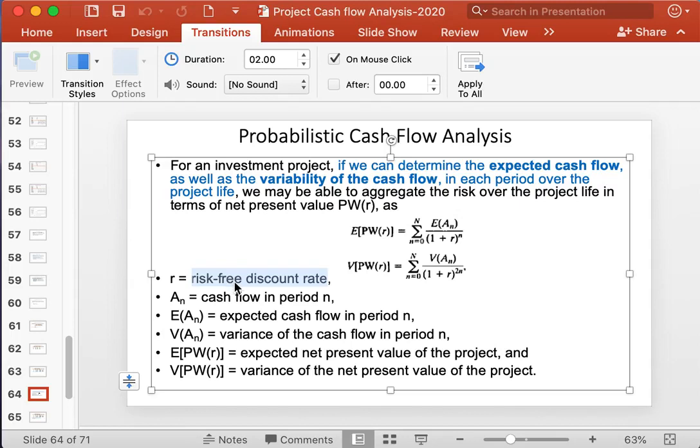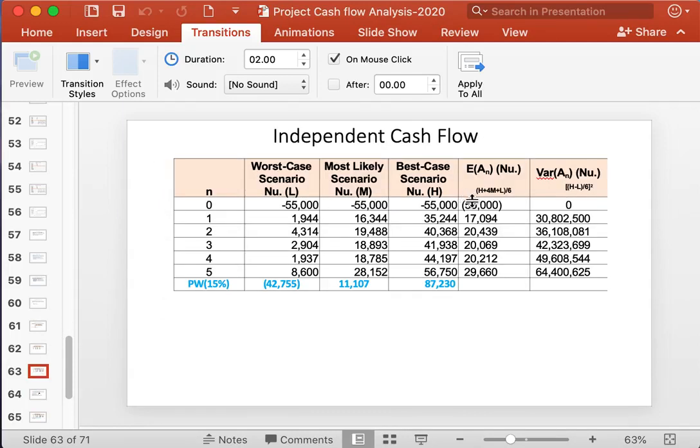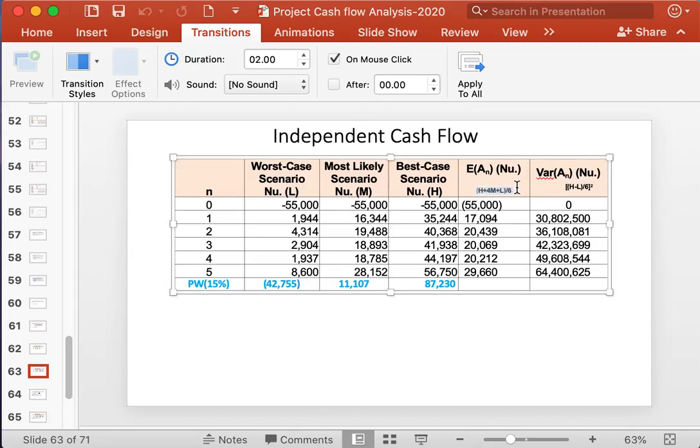The risk component is not included in the calculation of this MARR. The risk in this project is actually aggregated using this relation (H plus 4M plus L) divided by 6. Using the beta probability distribution function, each year's risk is aggregated.